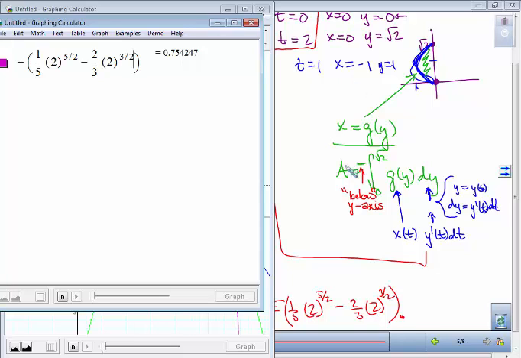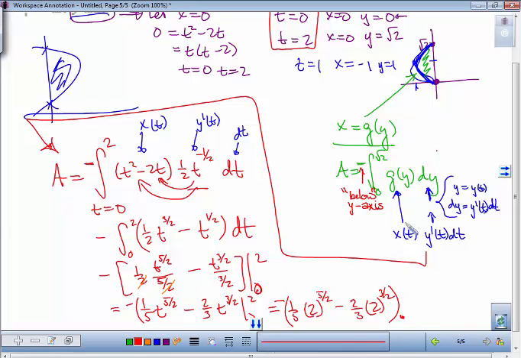The thing about the integral setup that I have here in green is that your integral should always go from a lesser value to a greater value. So it goes from 0 to square root of 2. And then we put this negative in front because it's below the x-axis. It's on a negative y level. And so if we really want to look at it from a calculus point of view, x is equal to 0, that's the y-axis, right?